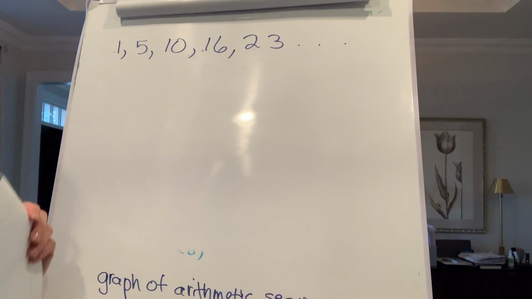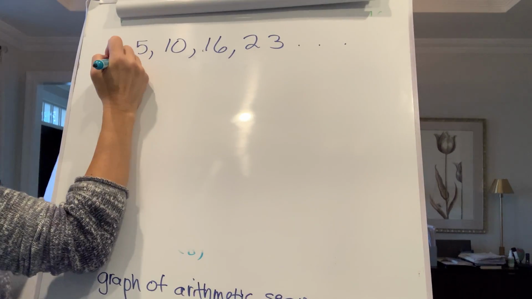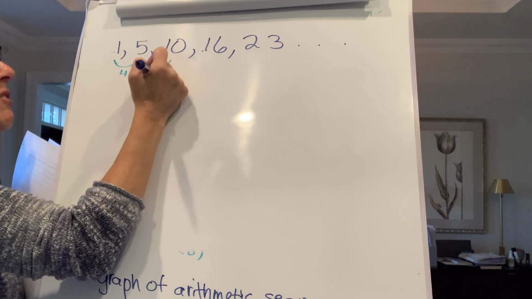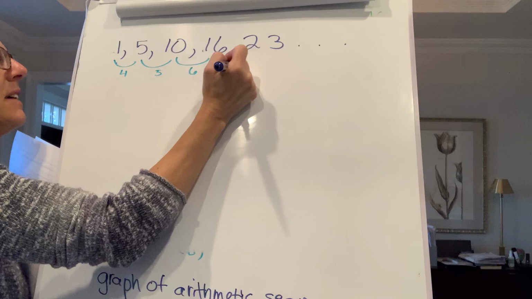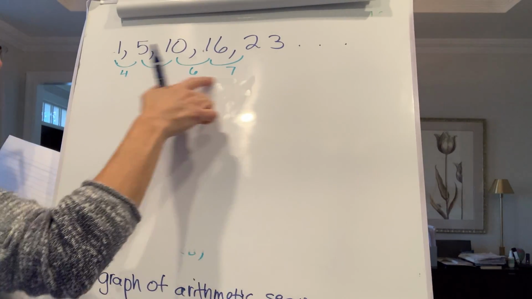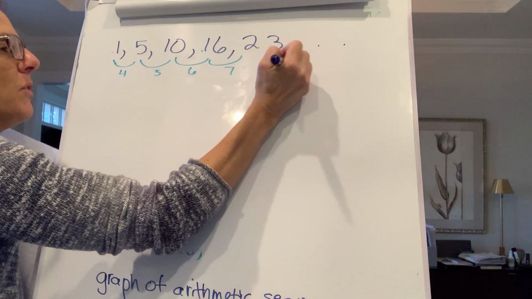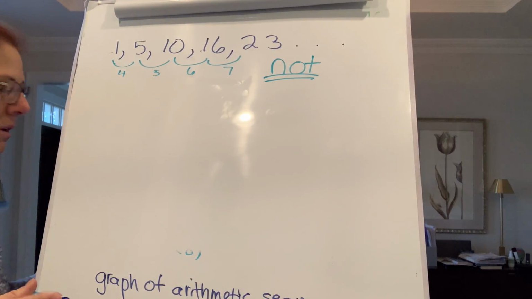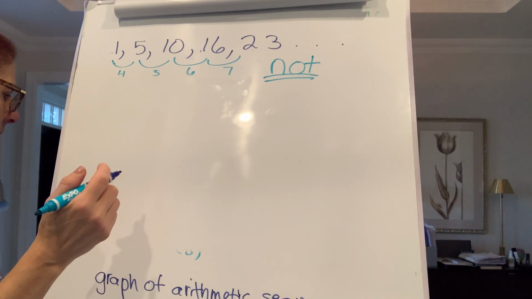It has an addition pattern, but it's not constant. So to get from here to here, I add 4, then I add 5, then I add 6, then I add 7. So there's an adding pattern, but this number here is not the same. So this would not be an arithmetic sequence.